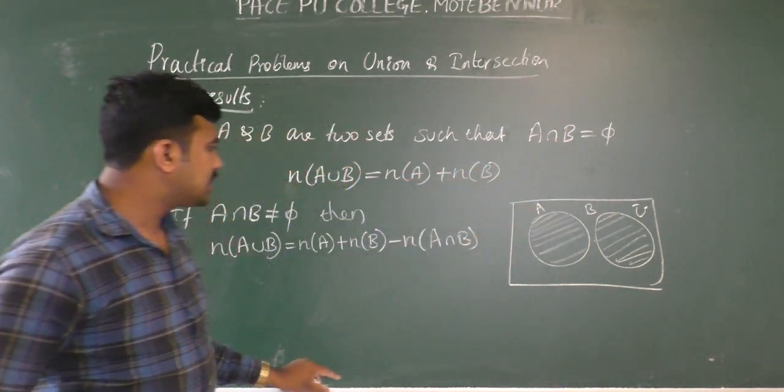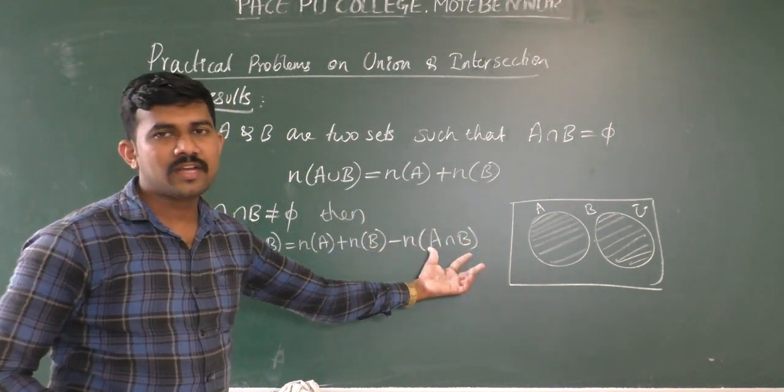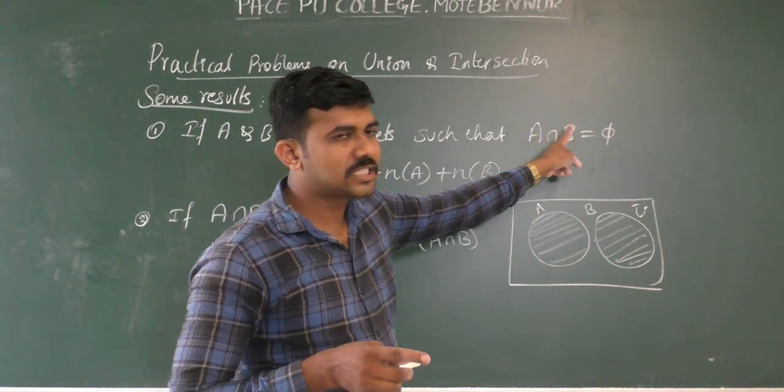In this case it is valid and has some value. But in the earlier case, n of A intersection B is 0 because A intersection B is the null set.